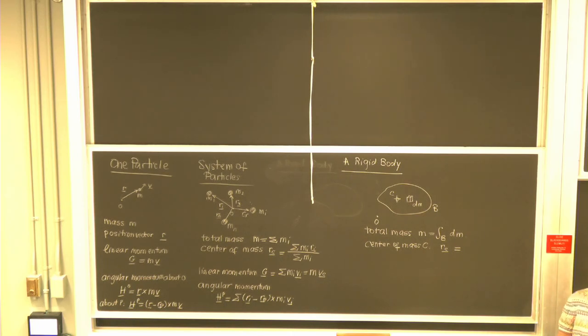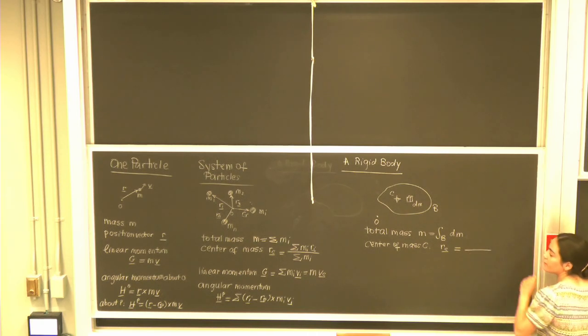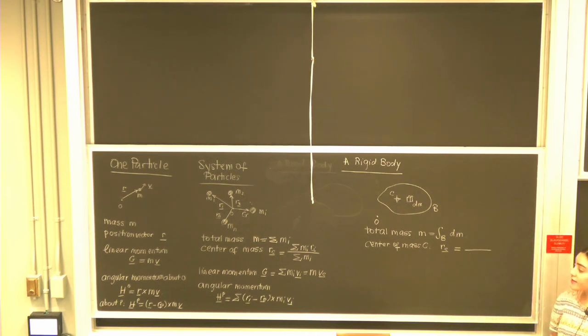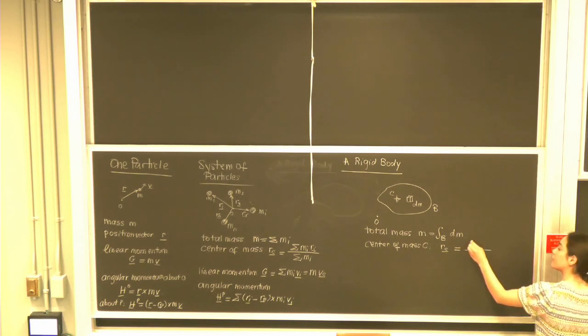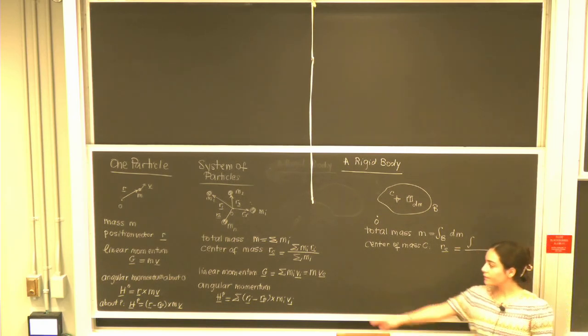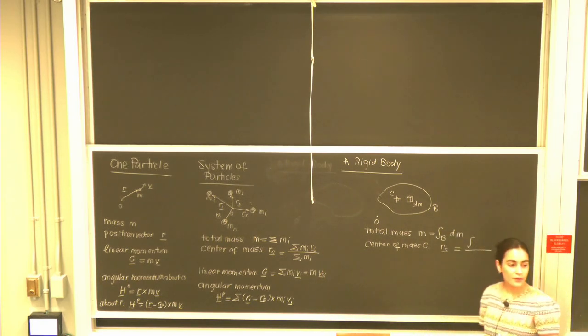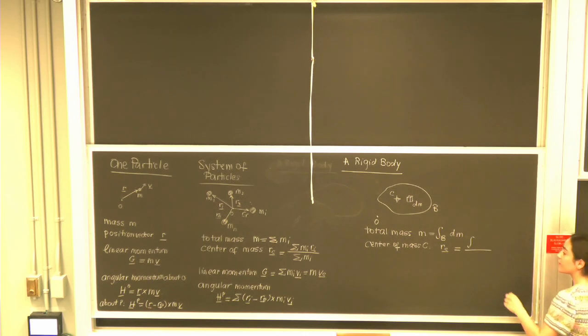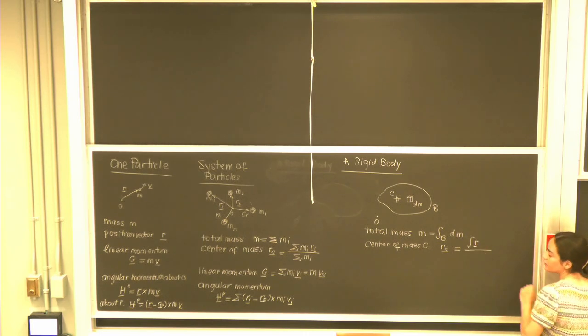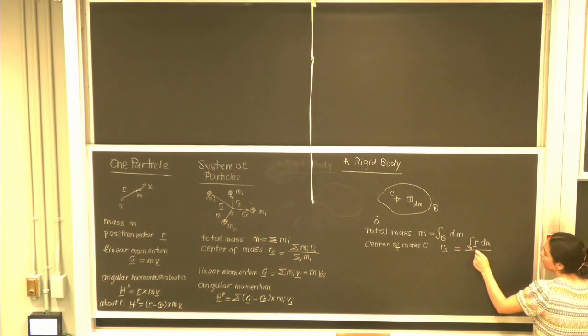Ideas? Yes? Like using the integral over dm. Exactly. The integral of what? Of the differential masses. Exactly. So the position vector of each differential mass times the mass, over m.